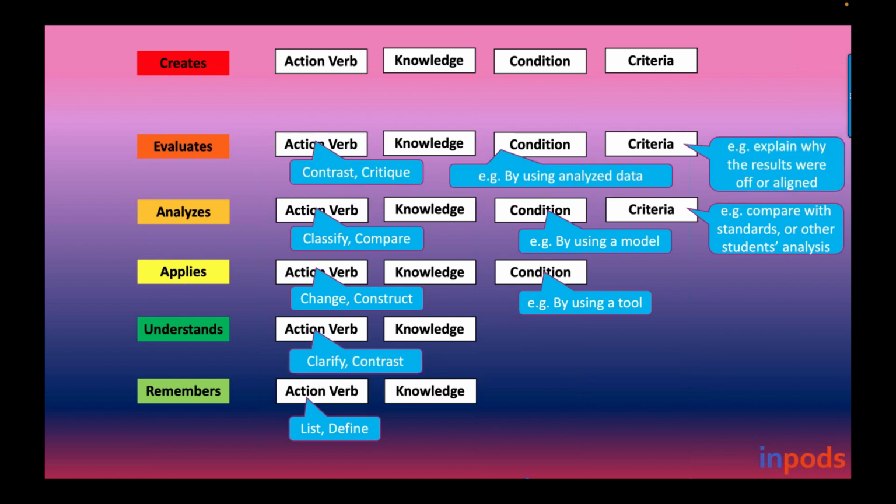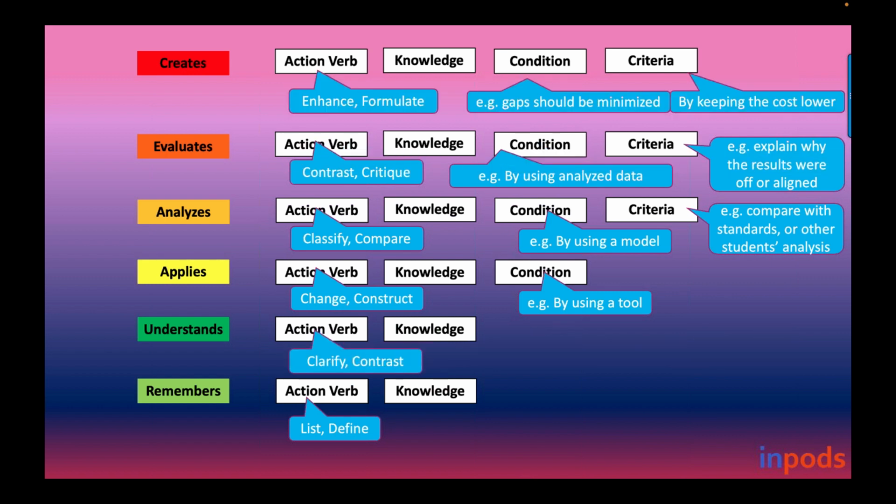Evaluation. Again, the contrast, critique by using the analyzed data. Now, analysis is already done. You already have a ready-made input for you to evaluate something else, and then explain why the results were off or aligned. So this is evaluate level criteria that you will define. When you are taking the students to create level, then you will expect them to enhance the earlier process, right?